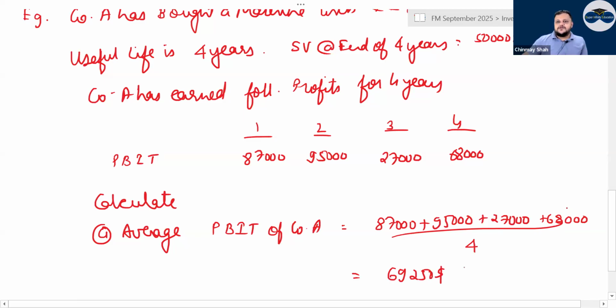If you are done with the calculation, focus on the screen. I'll give you time to write. Now I invested 500,000 in a machine.